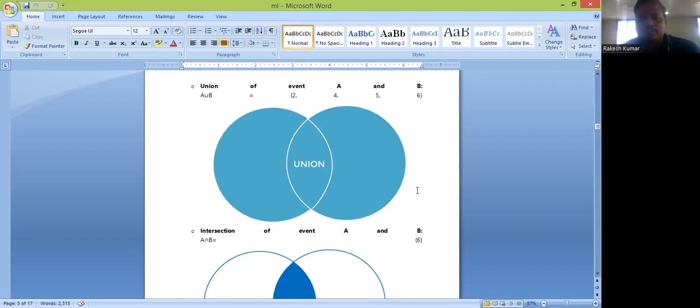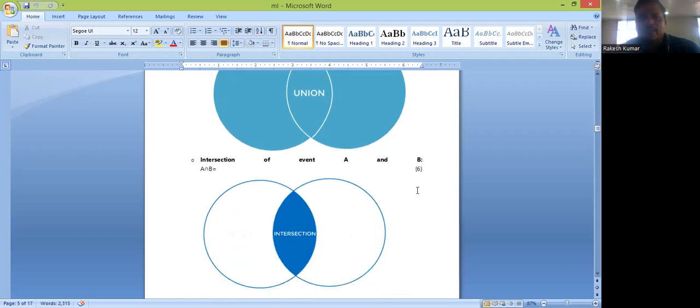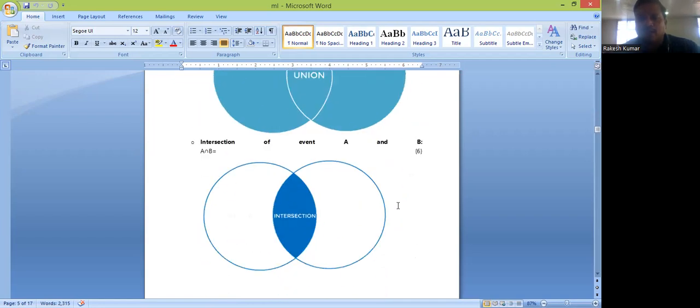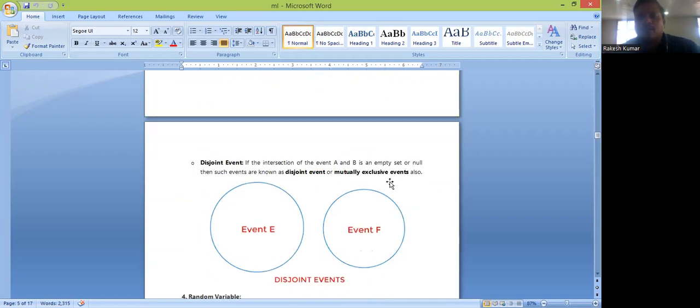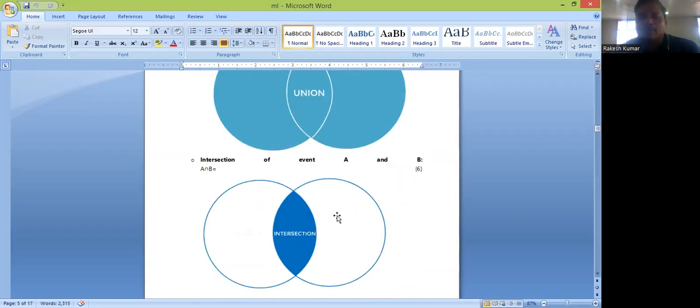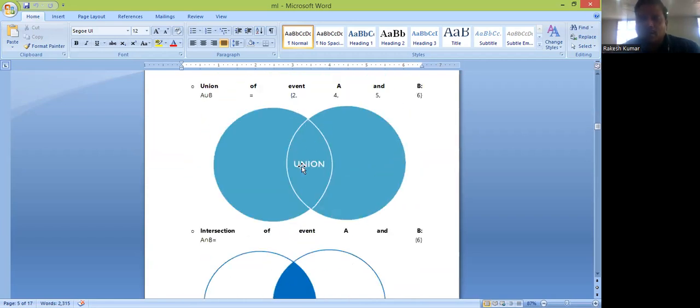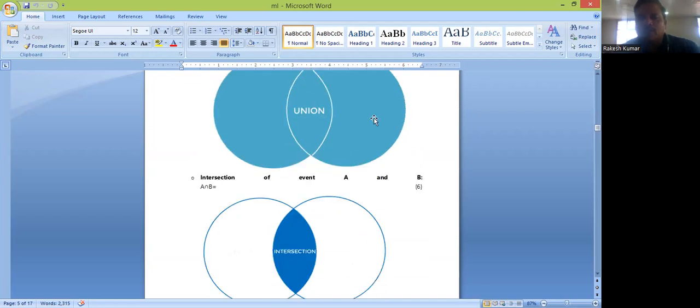Next, the intersection of events A and B. This is the intersection here. This is the union and this is the intersection. Here, this is the disjoint event case. You can see this is the union and this is the intersection.